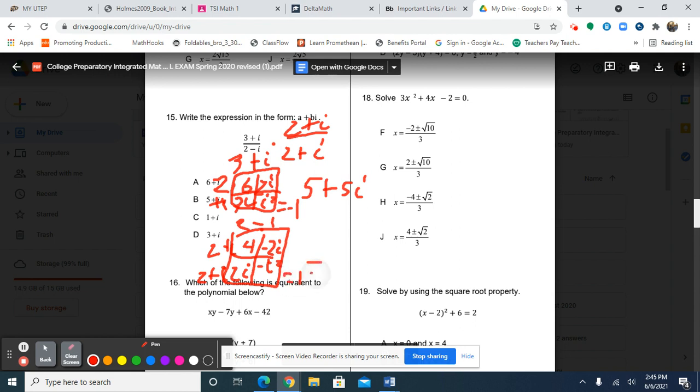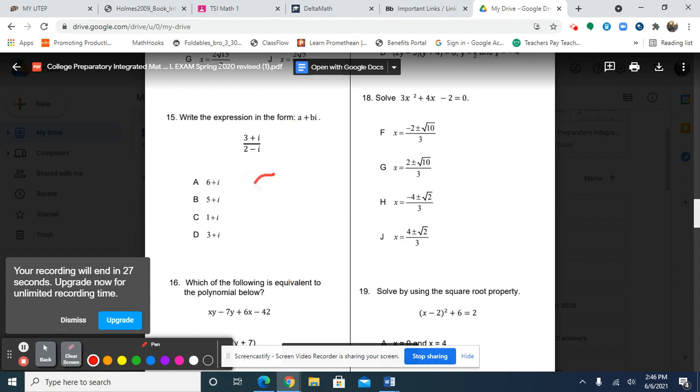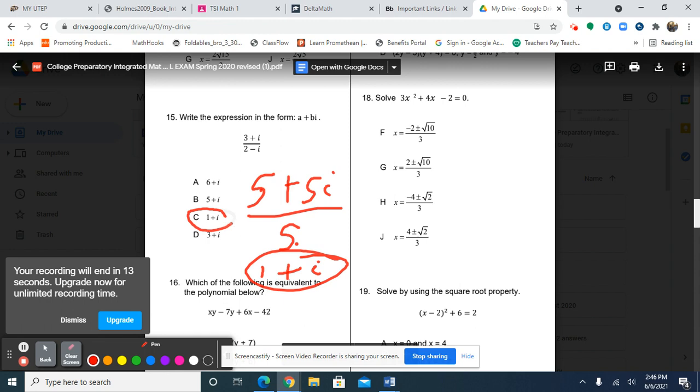So we have a 5 at the bottom, and then these negative 2i and 2i cancel out. So now at the top, we have 5 plus 5i. At the bottom, we have 5. Now we can simplify this by dividing 5 by 5, which is 1, and 5i by 5, which is 1i. So 1 plus i.